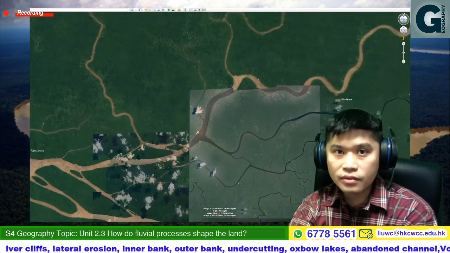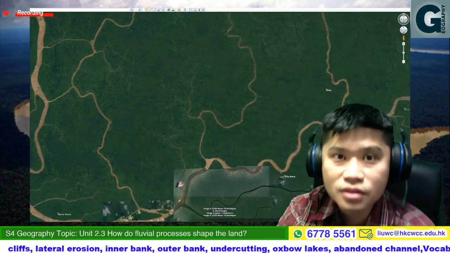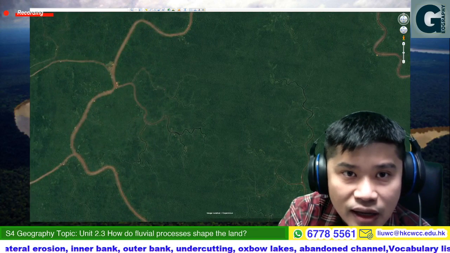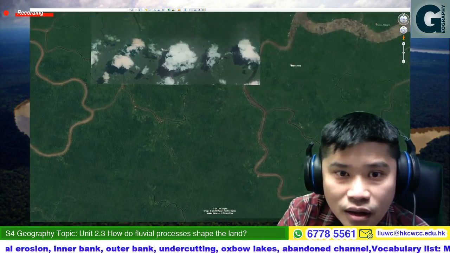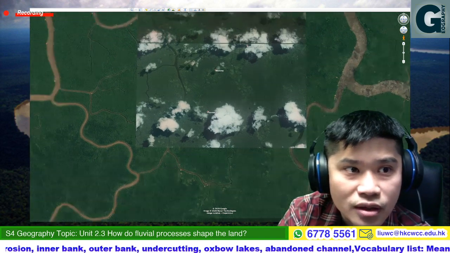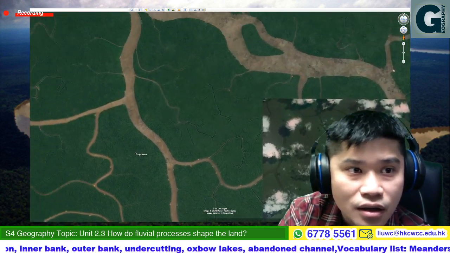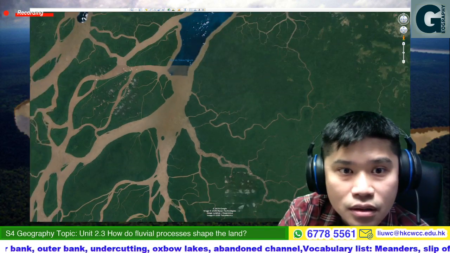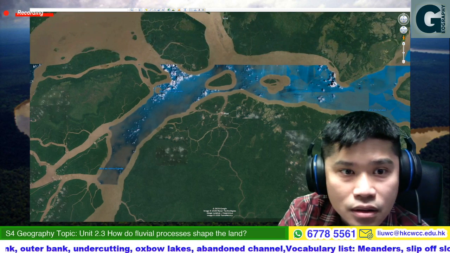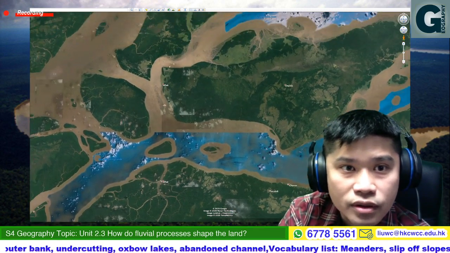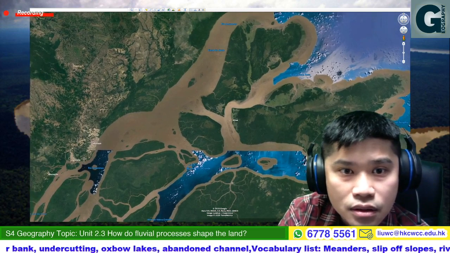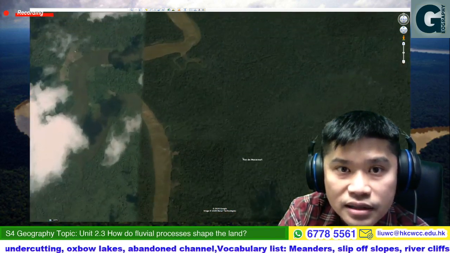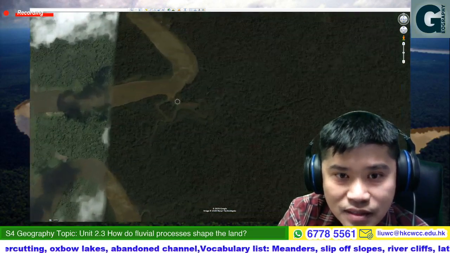Let me find the lower course first. The vegetation is quite dense, so I can't really see the river. Okay, here, yes. It could be similar to this.